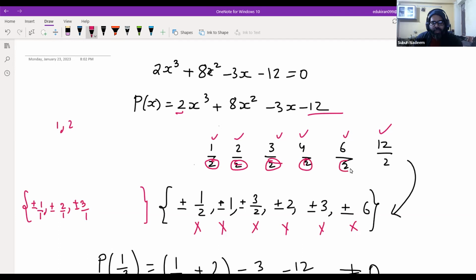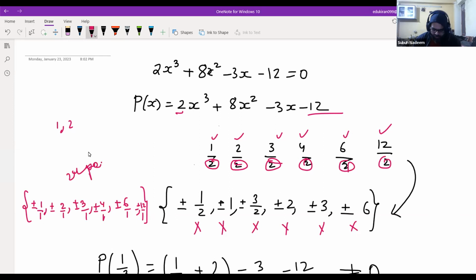Similarly, we can insert 1 also in the denominator because 1 is also a factor of 2, like this.